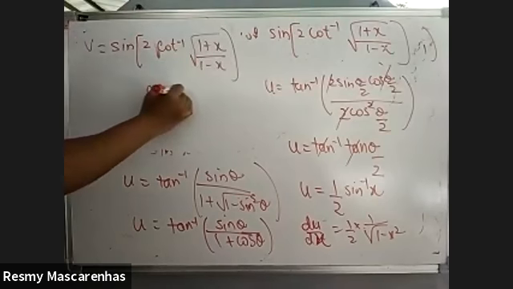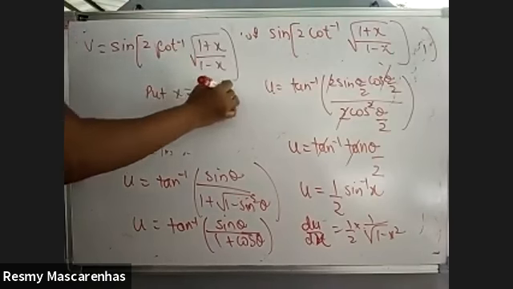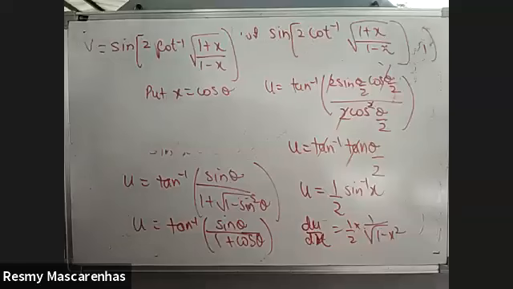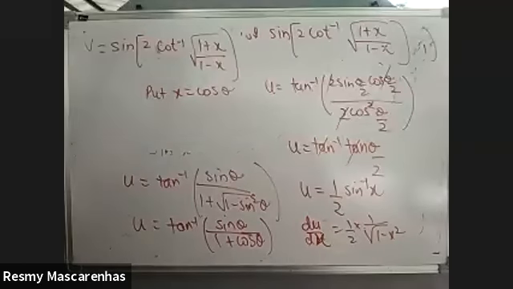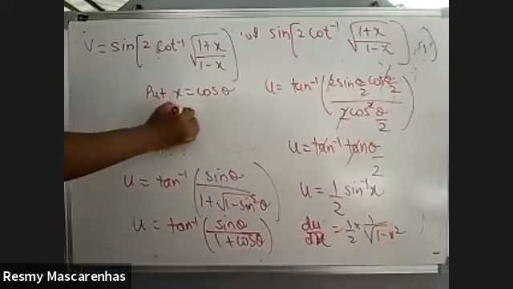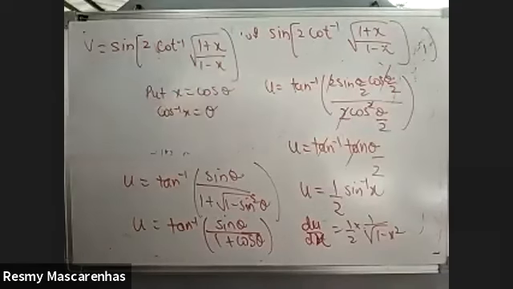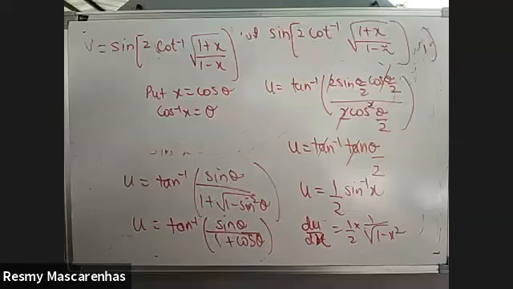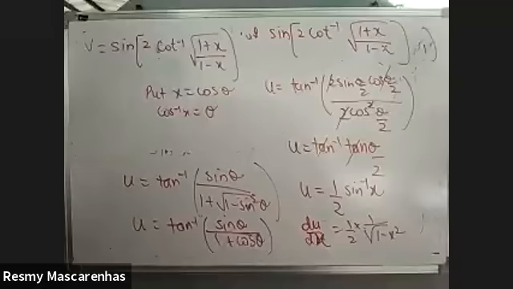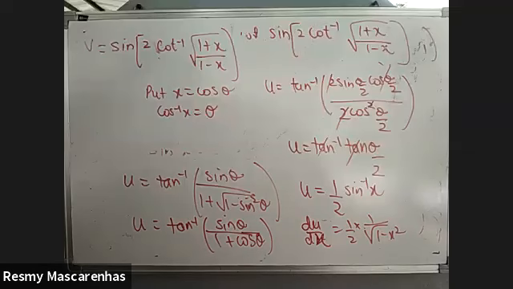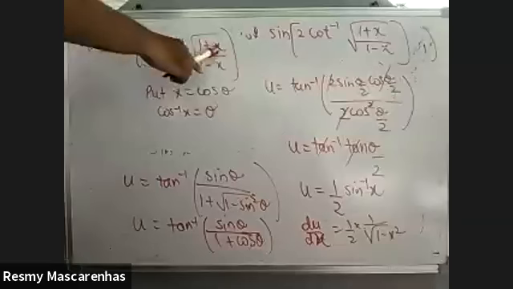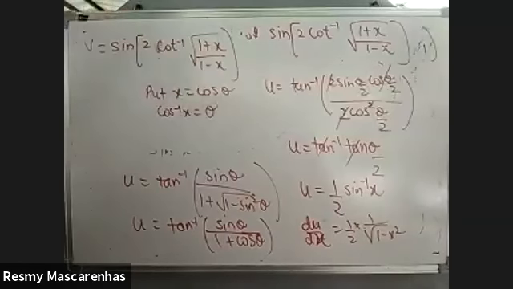So put x is equal to cos theta. So cos inverse x will be equal to theta. Then this will become 1 plus cos theta upon 1 minus cos theta.